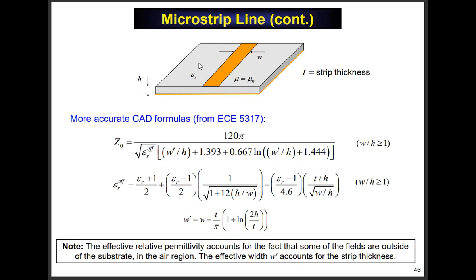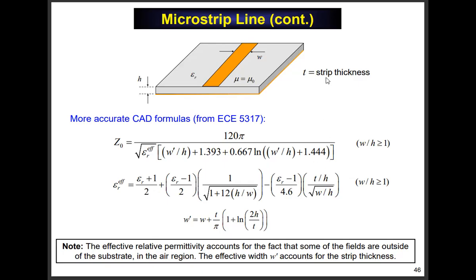So it sees an effective epsilon R. And that's what's called epsilon R effective. There's no exact formula for it either, but here's an approximate CAD formula for it. Now, another thing the formula has, and this is usually not worth worrying about, such a trivial, minor correction or improvement, but notice it actually has the thickness of the metal itself.